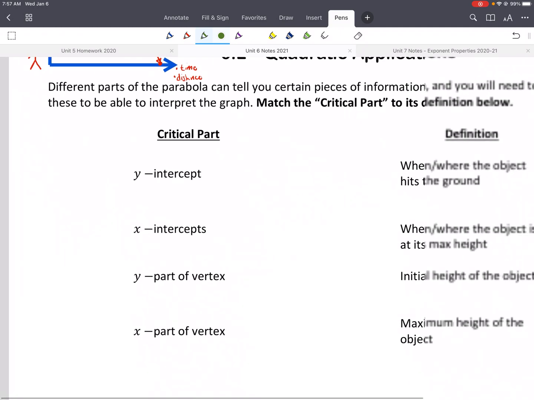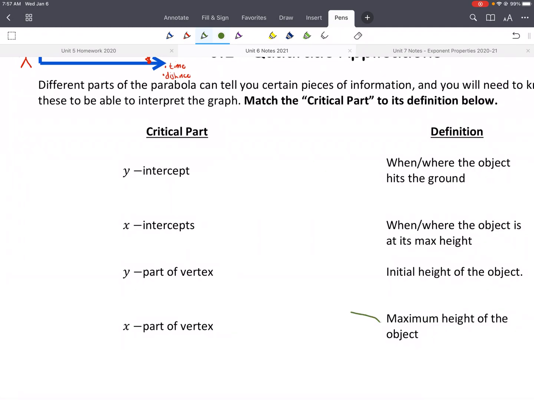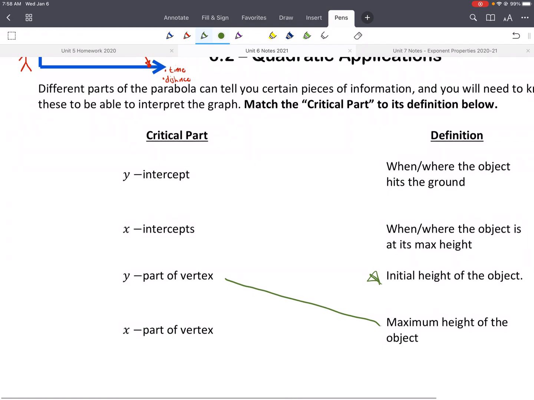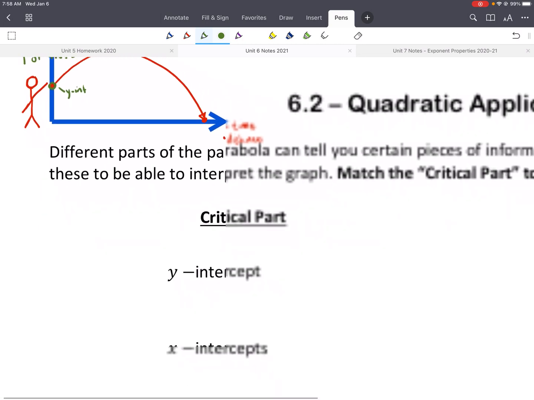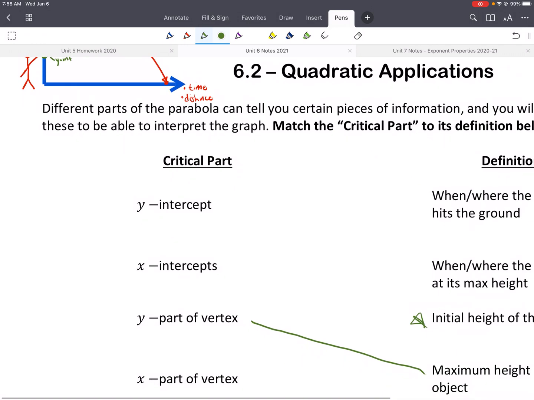Okay, so we'll just connect that dot, the y part, for your vertex. Next is initial height of the object. So initial height, that's like when time is equal to 0. All right, that's your y-intercept. Okay, so we'll connect that to our y-intercept.